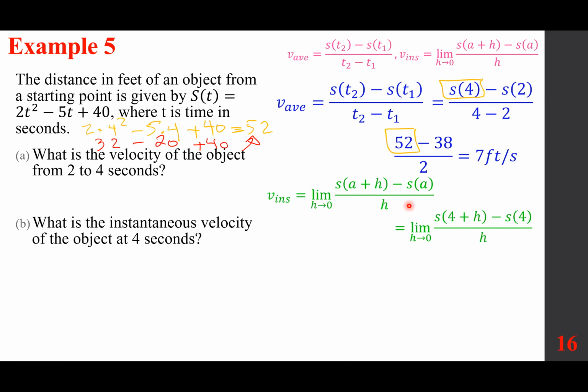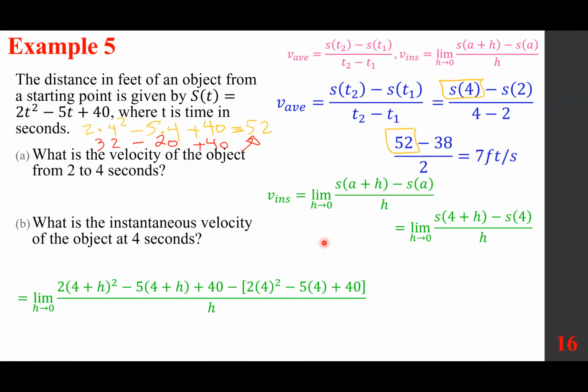So let's plug in 4 plus h here, which means 2 times 4 plus h squared minus 5 times 4 plus h plus 40, and then minus S of 4. Again, you can plug in 4 as I did here, or just use the fact that we've come up already with 52. So I plugged it in, and I'm going to use the fact that it's 52 in a moment.